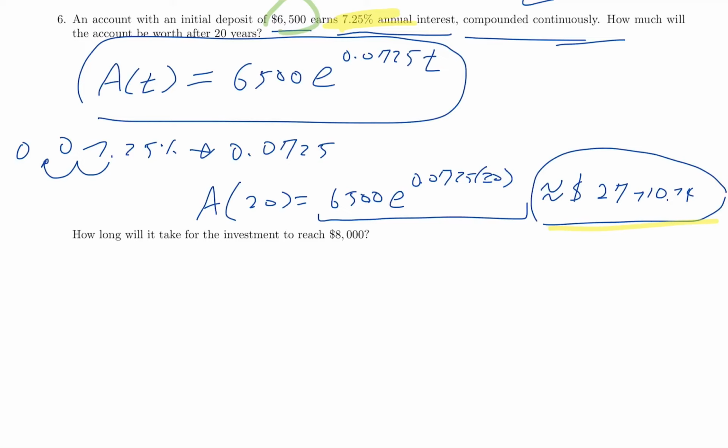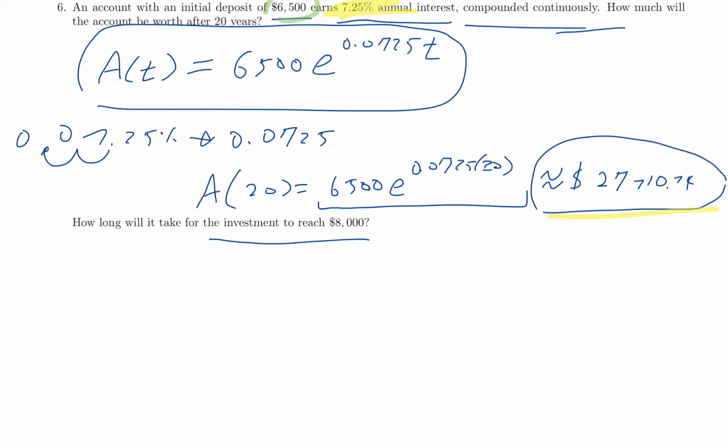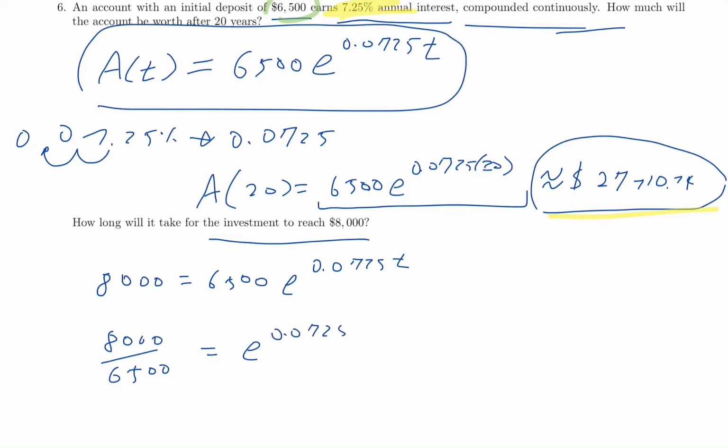So how long would it take the investment to reach $8,000? We just set up this equation: 8,000 equals 6,500 e to the 0.0725t. Divide by 6,500 on both sides. We get 8,000 over 6,500 equals e to the 0.0725t.